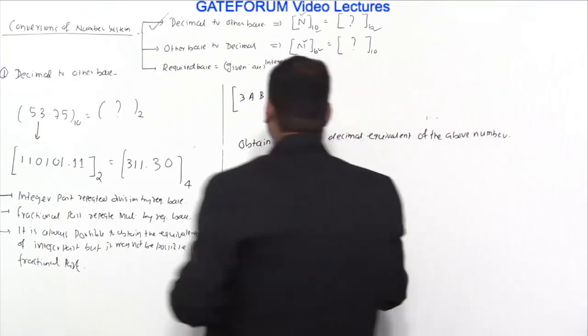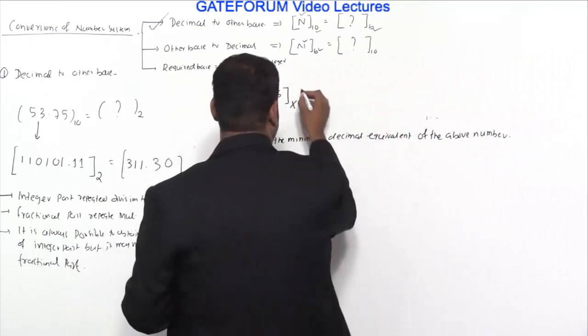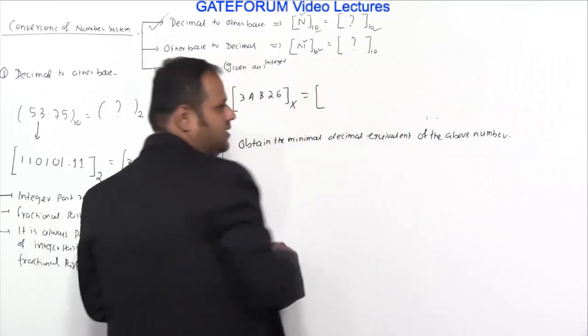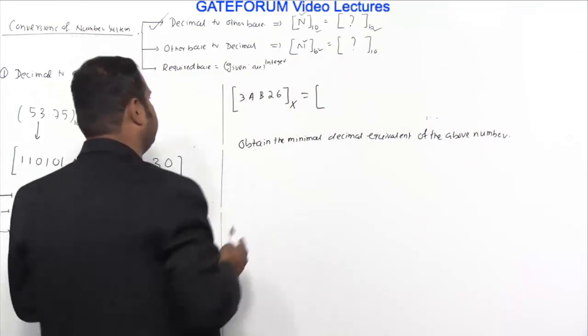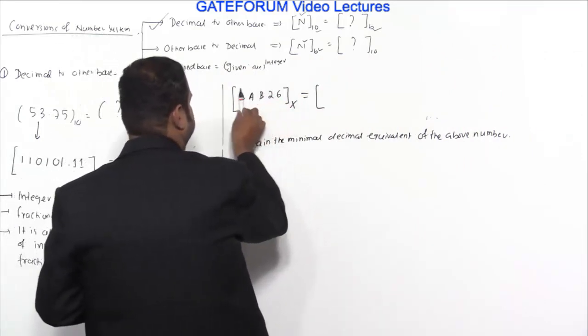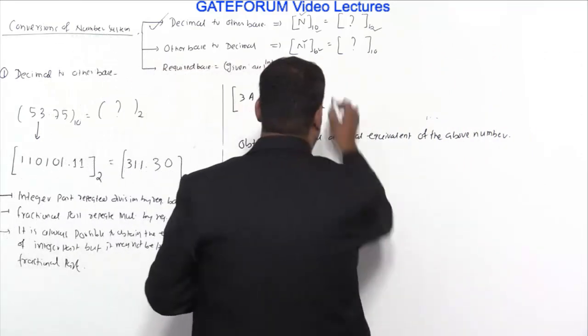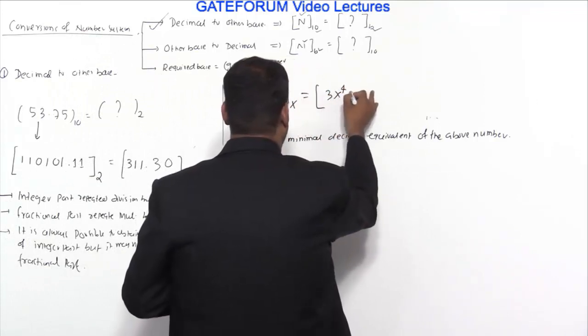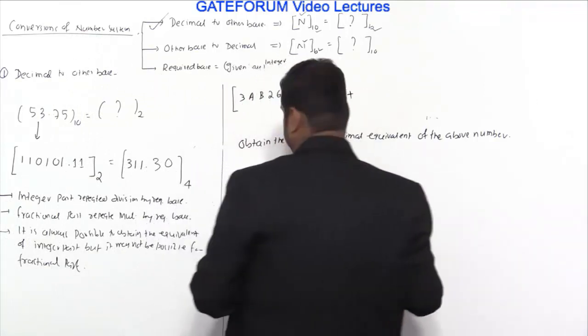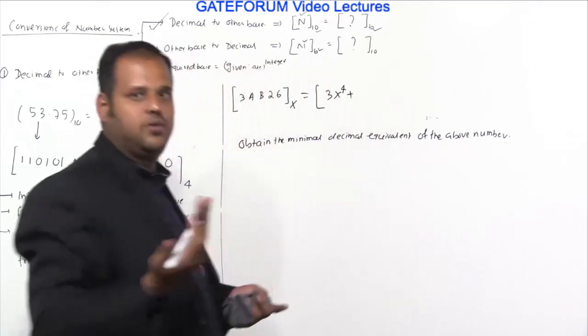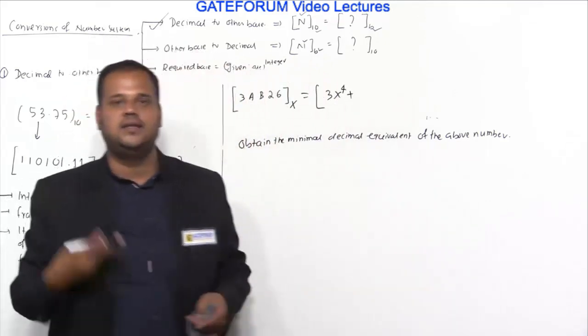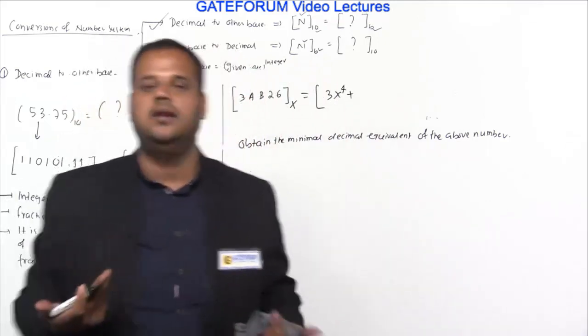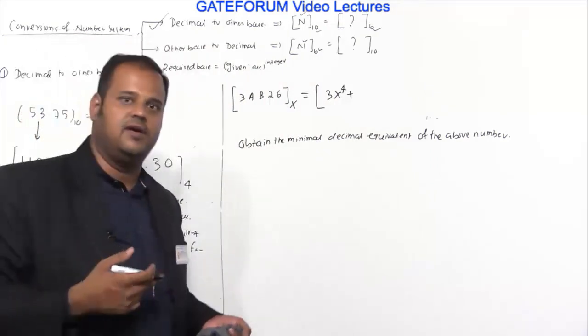As I said, if you are converting any base to base 10, you have to simply expand this as a polynomial. So here x power 0, x power 1, x power 2, x power 3, x power 4, right? So this will be 3x fourth plus, what is A? A is 10, isn't it? You know this, right? 0 to 9, then 10 is A, symbolic notation is A for 10, for 11 it is B, for 12 it is C, and so on.